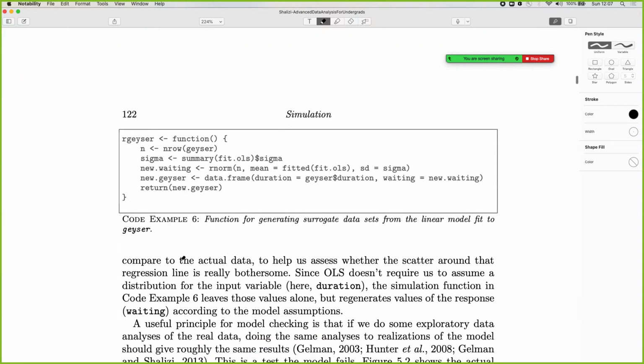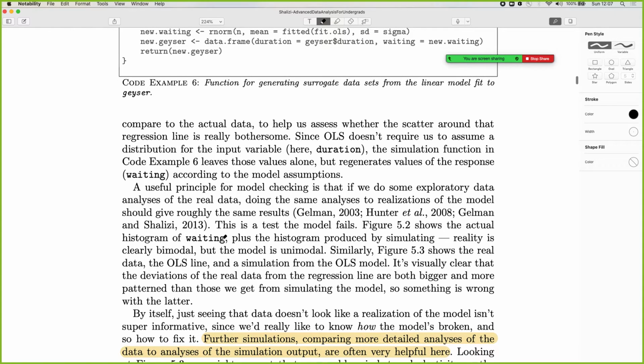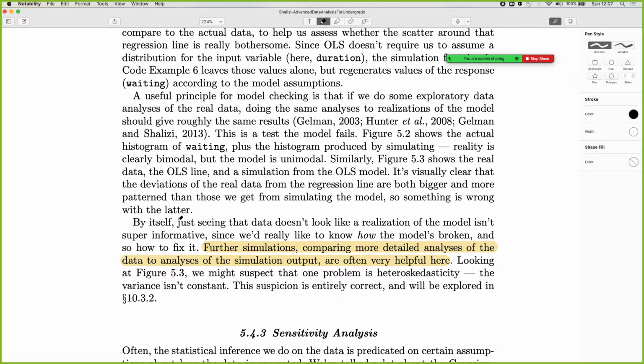Okay, so we fit the data, we get our OLS. Now we want to check the model. How well does OLS do? A useful principle for model checking is that if we do some exploratory data analysis, doing the same analysis to the realizations should give roughly the same results.